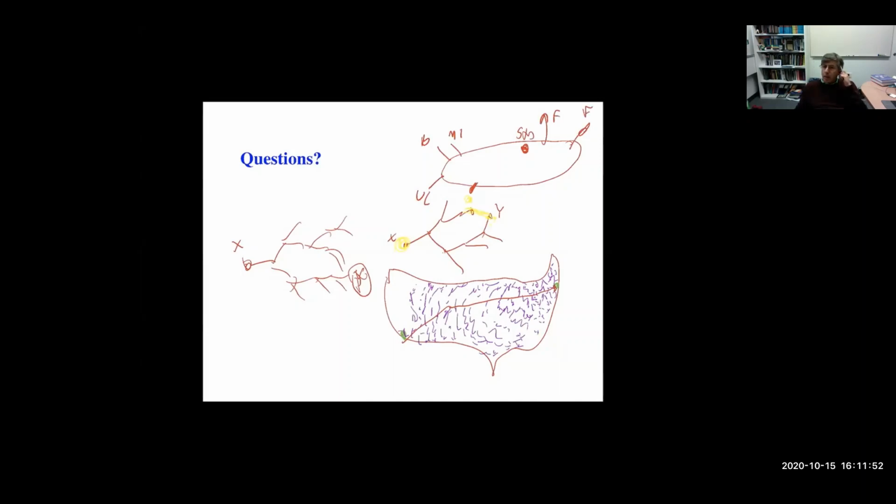Does everybody see that you could pre-compute the shortest path from every place on Long Island to all of these important edges, okay?